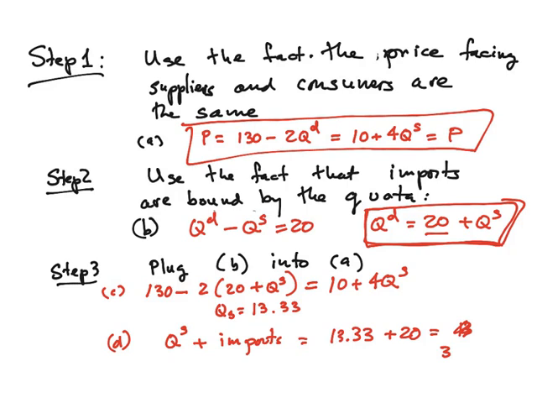oops, what have I done here? Oh, no, that's right. Okay, so now we have the quantity demanded. Imports are going to be 20. So we've got supply, we've got demand.